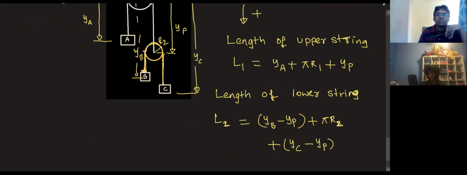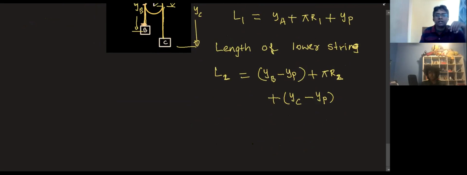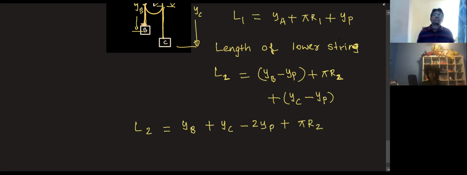So the length of the lower string, I can express as YB plus YC minus 2YP plus pi R2. Now, from these two equations, I am not interested in the position of the movable pulley.